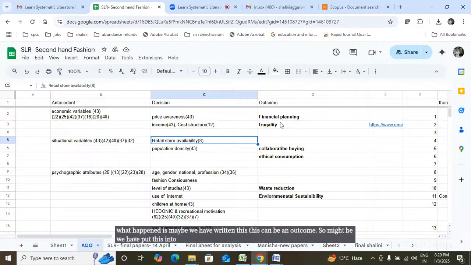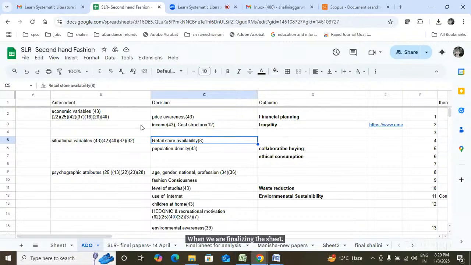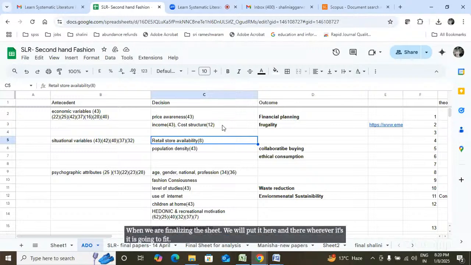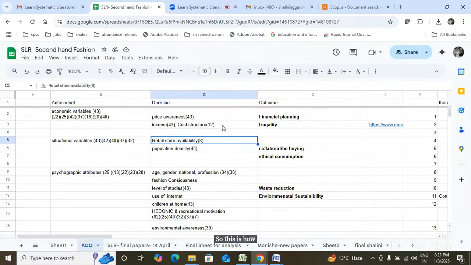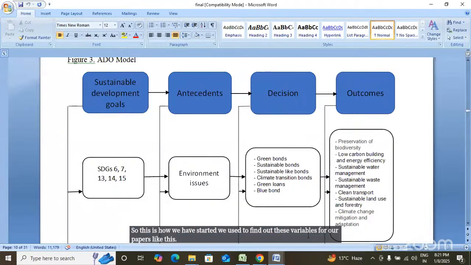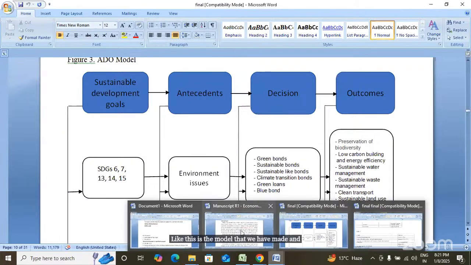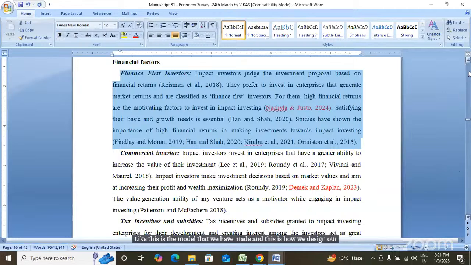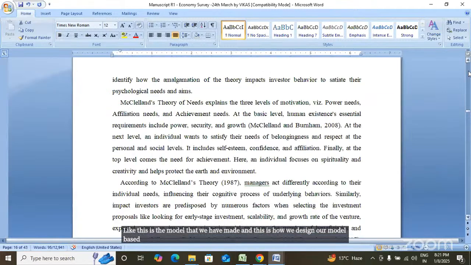Later, when finalizing the sheet, we put it wherever it fits. This is how we found the variables for our papers, and how we designed our model.